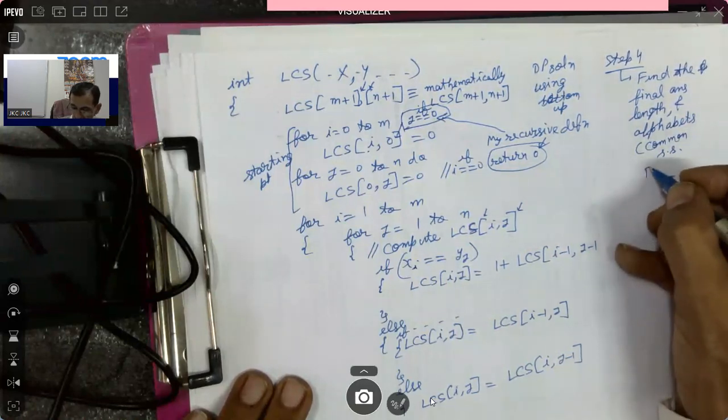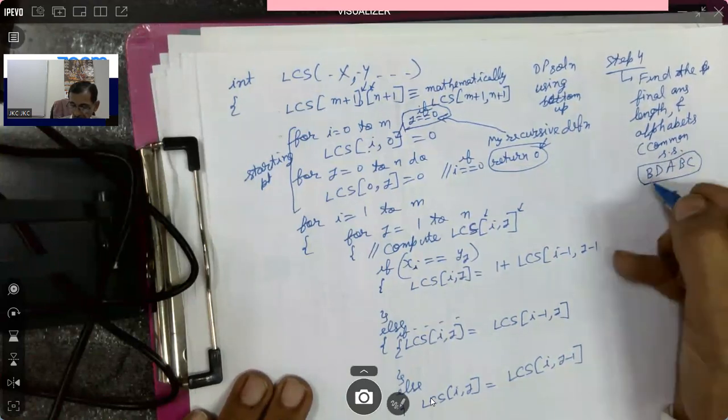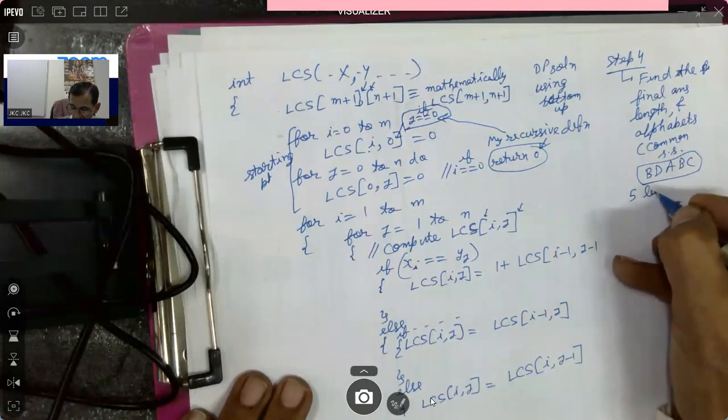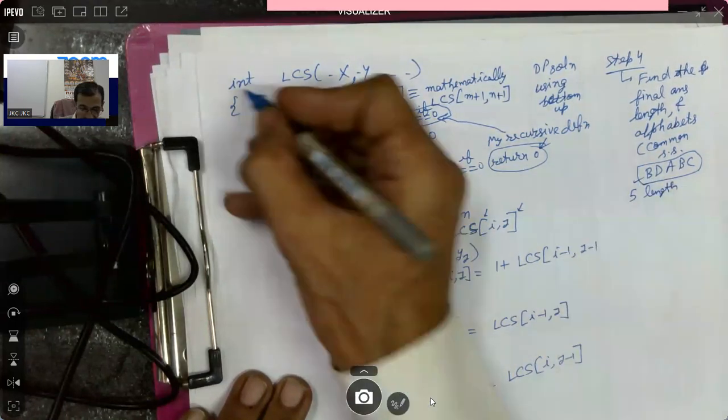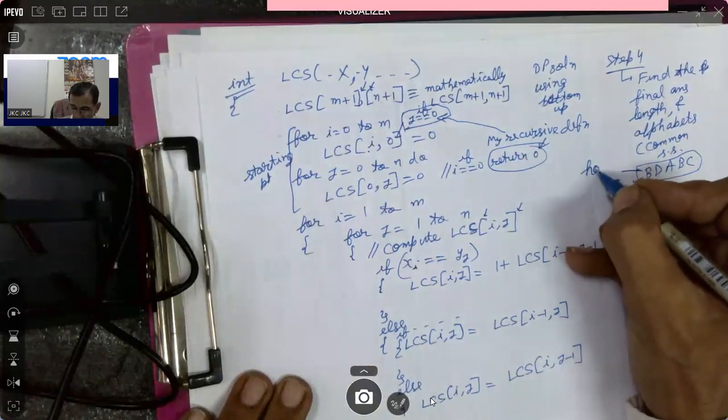For example, I could say B, D, A, B, C could be the answer. Length is 5. So by now, length is being computed, done. This part we have done. This, how to do?